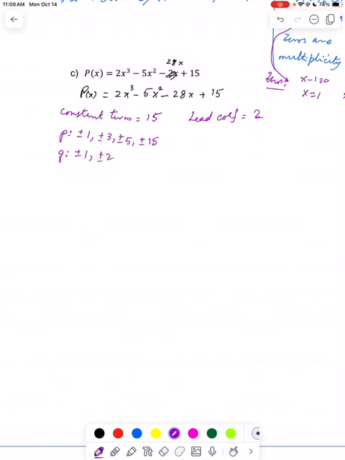So now I will be looking for possible values of p over q. One set of values will come from dividing all the p values by that, and the other set is going to come by dividing all values of p by this value of q.